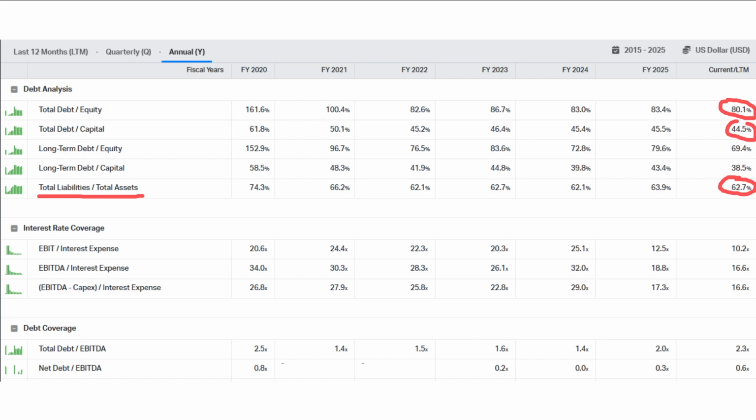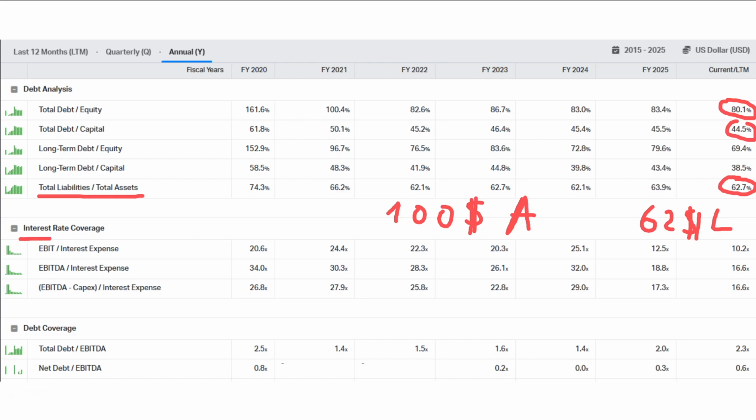That means that for each $100 of assets, there are $62 of liabilities. So the assets are a little bit more than the liabilities of this company.